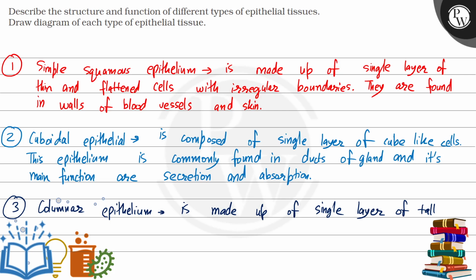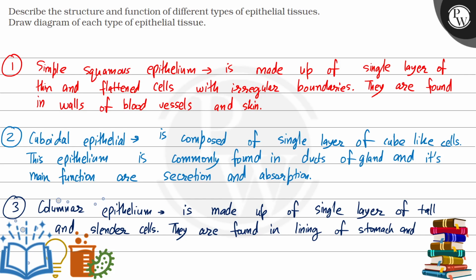They are found in lining of stomach and intestine and helps in secretion and absorption.